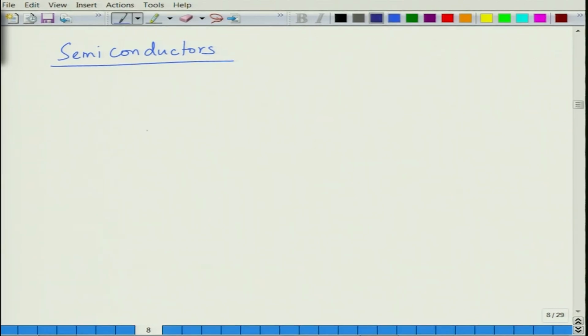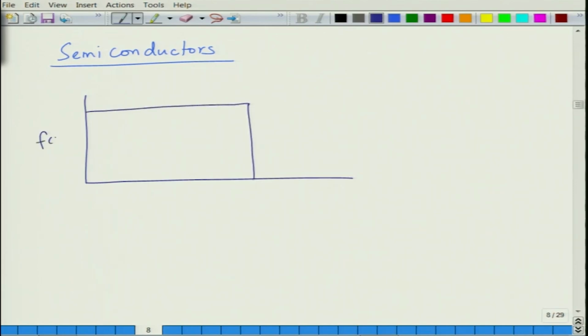Earlier we said that Fermi-Dirac statistics says that at 0 Kelvin, in the plot of f(E) versus E, you have a step function, 1 and 0, not the other way around. At 0 Kelvin all the energy levels are filled below Ef and all the energy levels are empty above Ef.